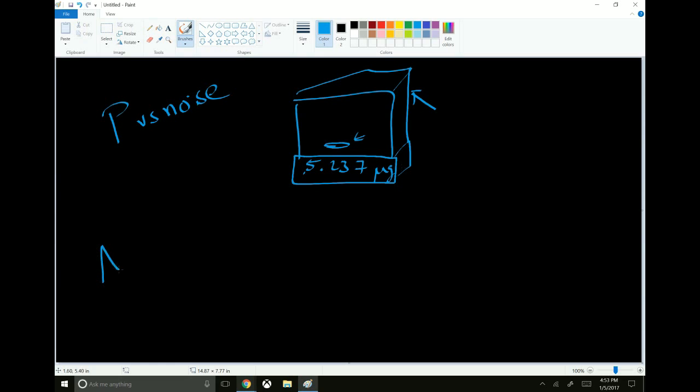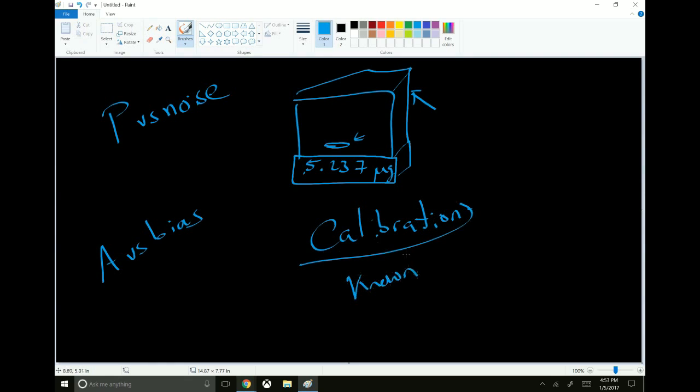Okay. So accuracy versus bias means calibration. Calibration just means you are taking a known quantity and you measure it. You might take a brass weight that has been weighed out before. It weighs 5 grams. You plop it down on the scale, and the scale says, okay, 5 grams, or what have you. Calibration just means measuring some sort of standard, and then adjusting your measurements up or down depending on which direction it was off.